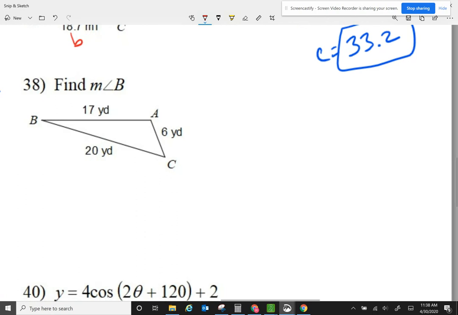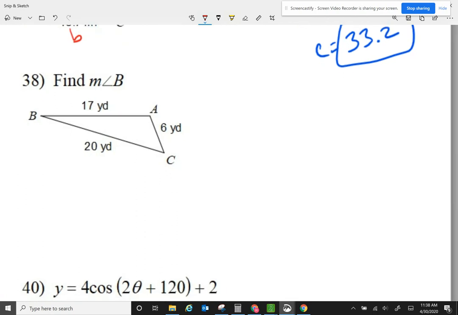Let's work question number 38. This is little a, this is little b, and this is little c. I don't have an angle, so I will have to use law of cosines. I'm solving for angle b, so from the three formulas I gave you guys, I'm going to use the second one, because that's the one that has angle b. So I remember my formula.